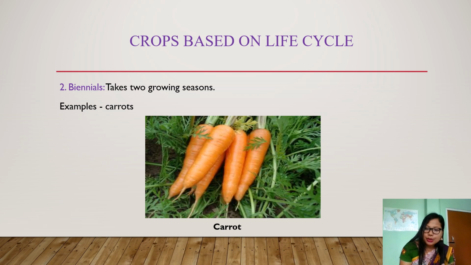Then the energy in the food they stored in the first year is used to produce fruits and seeds in the second year. Simply remember that in the first year they store their food in the roots, and in the second year they use that food to produce fruits and seeds. An example of biennial crops is carrots.